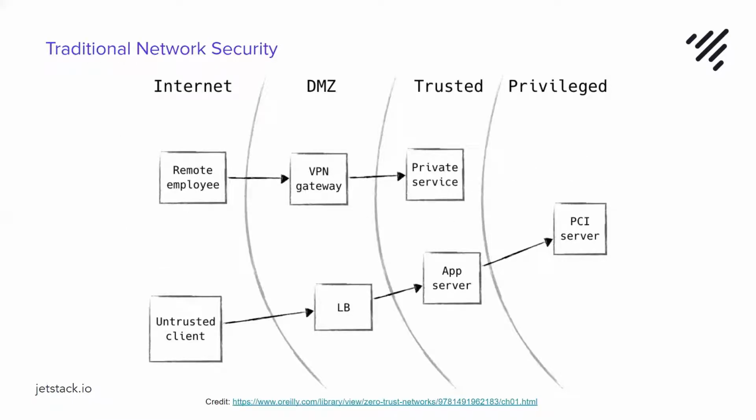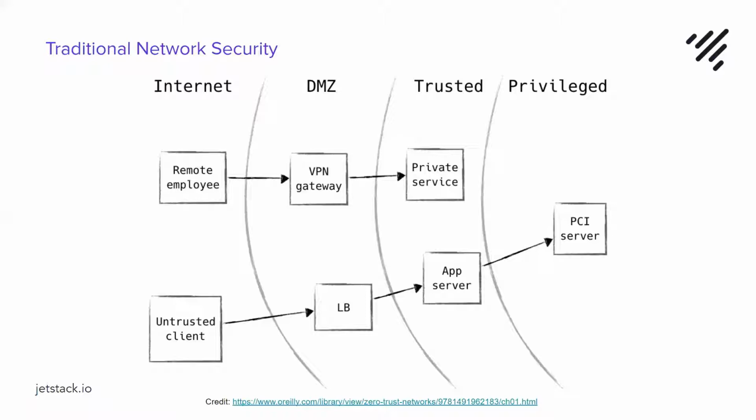So briefly to start, we're going to introduce the concepts of zero trust in the context of cloud native. In traditional network security, it's all very much about having layers of security, a defense in depth, if you like, in order to protect the most sensitive services.